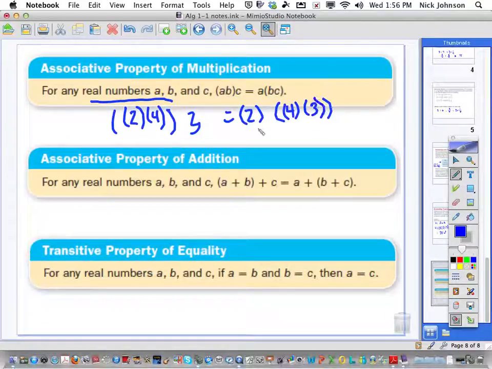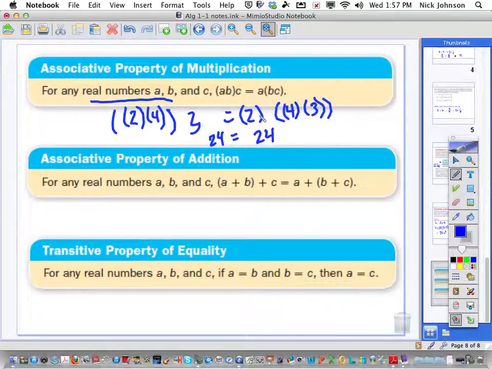So no matter what order you multiply these in, 2 times 4 is 8, times 3 is 24. 4 times 3 is 12, times 2 is also 24. So no matter which way you multiply these together, you're going to get the same thing.